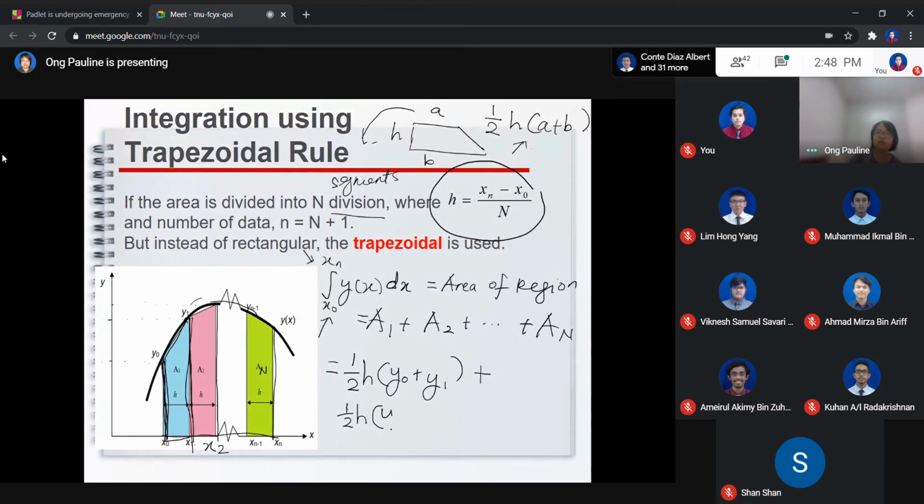So I have y1 plus y2. And we sum up until the last trapezium.